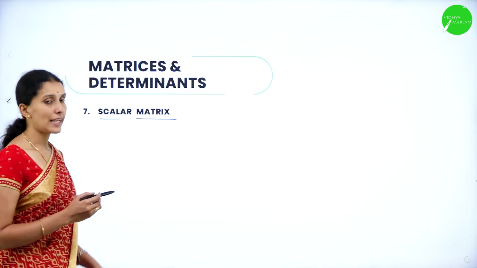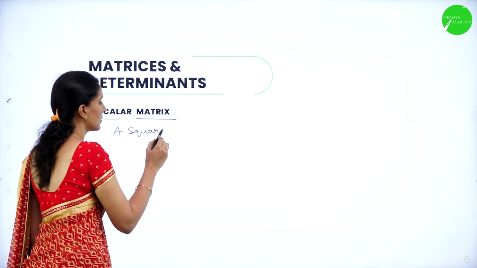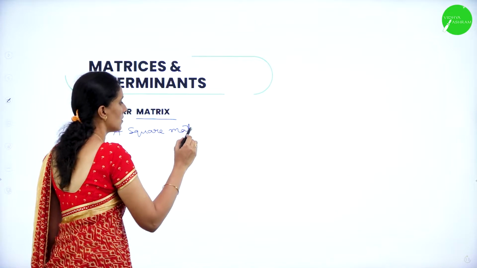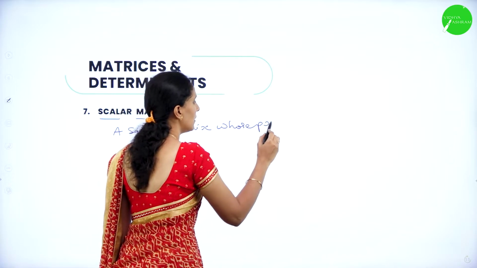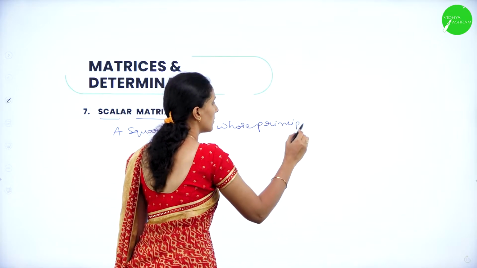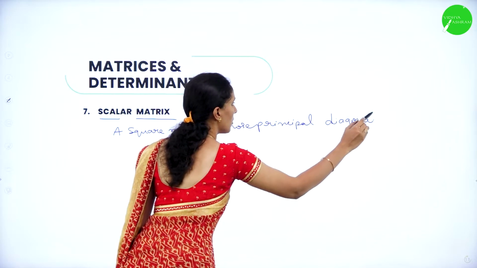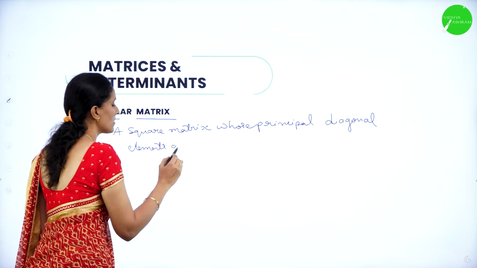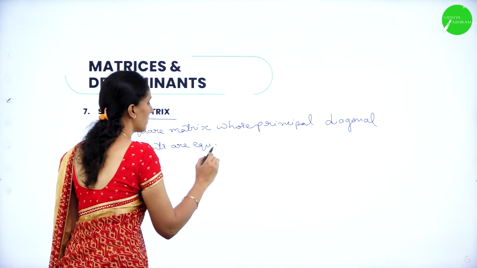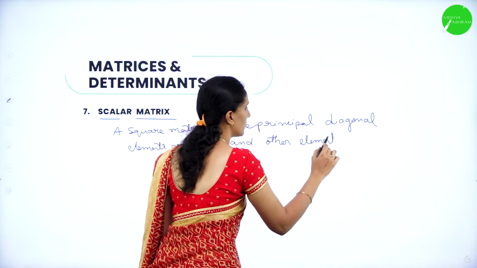So I can write a scalar matrix as a square matrix whose principal diagonal elements are equal, and other elements are 0.